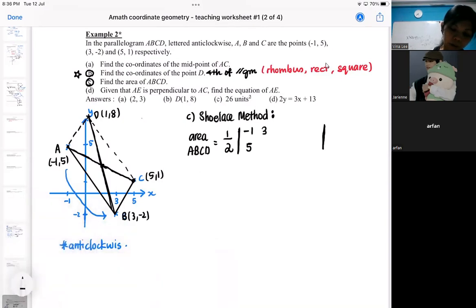So I should go to coordinate B. So you stack the coordinate, keep on going, keep on going. So you got your A, B, C, D already. You repeat the first coordinate.